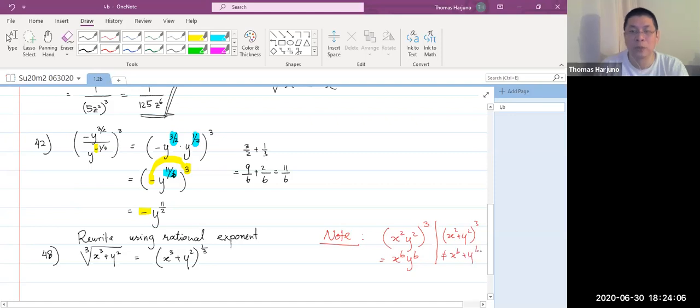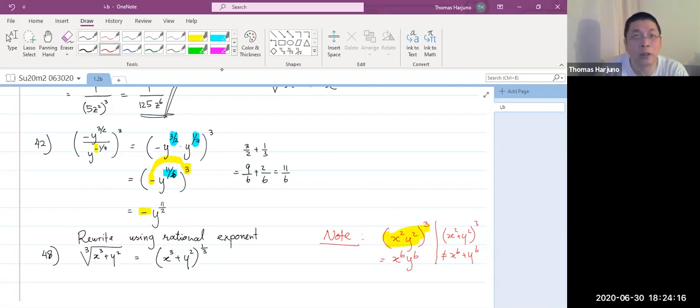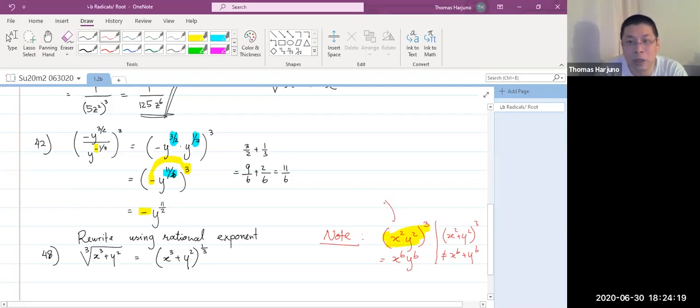Well, we're supposed to FOIL it, right? The expression there looks like x squared y squared times x squared y squared times x squared y squared. That's how we get that x to the 6, y to the 6.